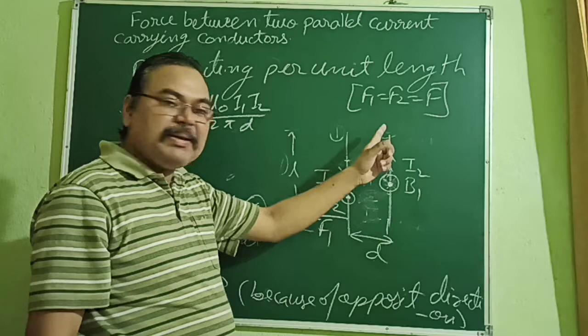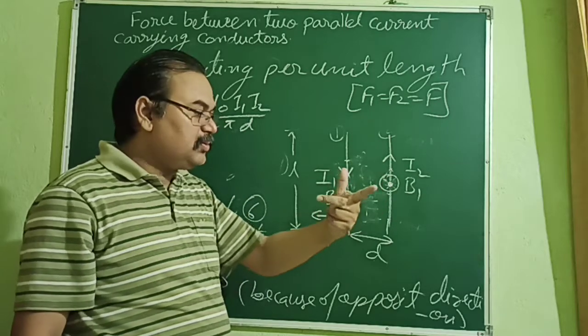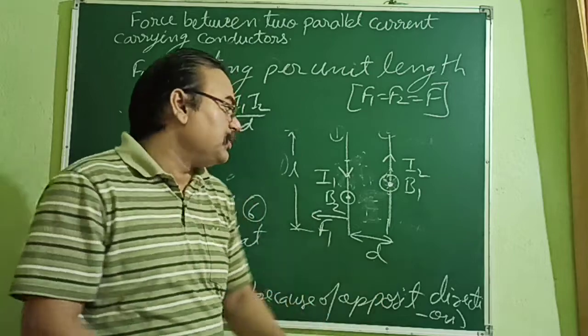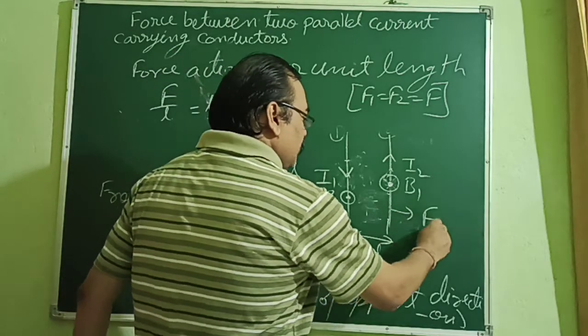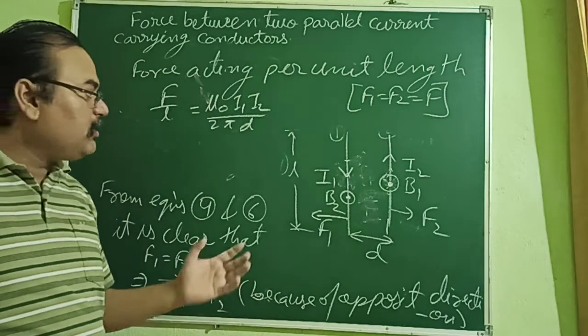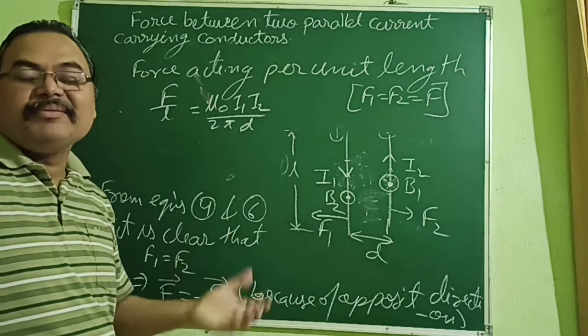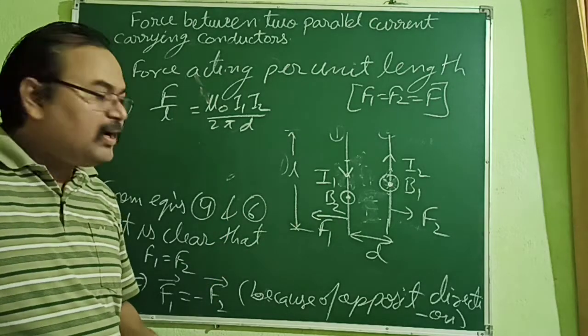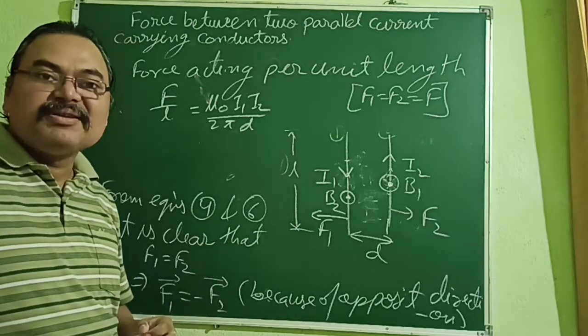The direction of current is upward, magnetic field is towards you. So you can see the force is outward. That means F2 is outward. What do you feel? These forces are going to take them nearer or separate them? Obviously, they are going to increase the separation between them. Thus, we can say this is the repulsive force.